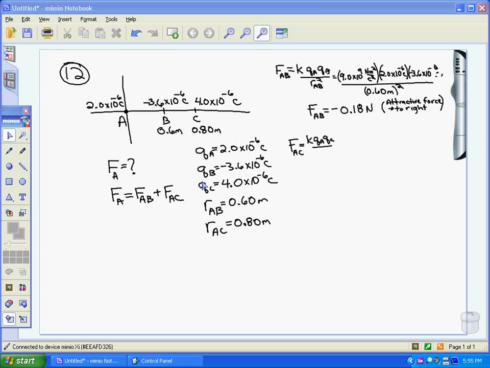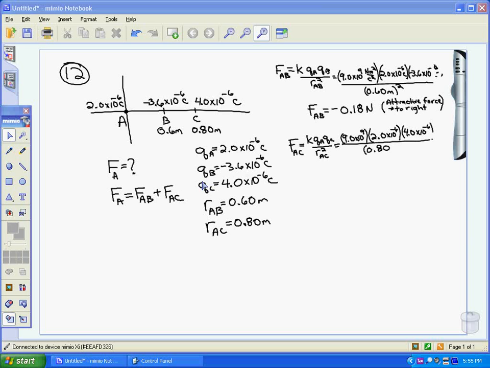So this one's going to be 9.0 times 10 to the 9th newton meters squared per coulomb squared, times Q sub A, which is 2.0 times 10 to the negative 6 coulombs, times Q sub C, which is 4.0 times 10 to the negative 6 coulombs. And the whole thing's over R sub AC squared, which is 0.80 meters squared. All the units do match up.